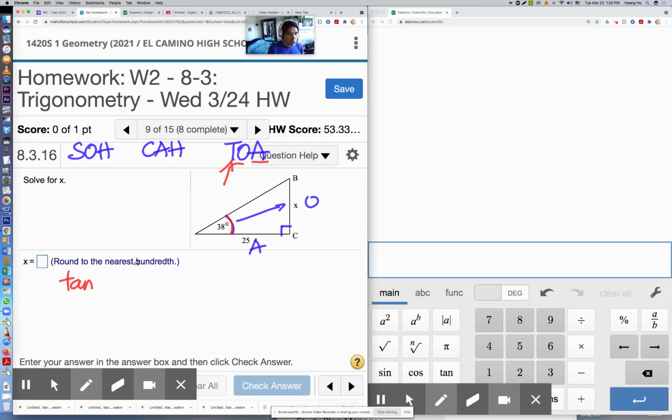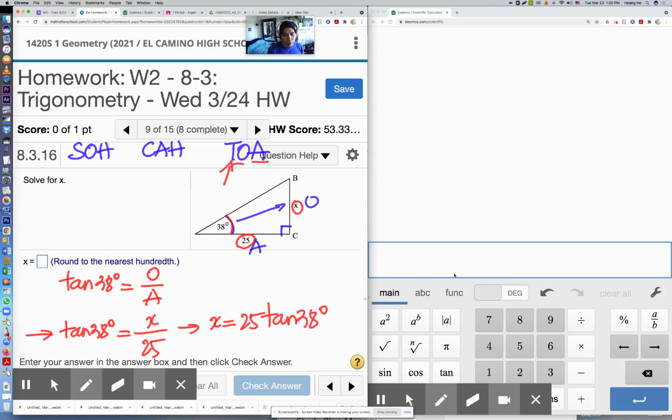So let's write here: tangent 38 degrees equals opposite over adjacent. Substitute in: tangent 38 degrees equals x, the opposite, over 25, the adjacent. You want to solve for x, so I cross 25 to the left side: 25 times tangent 38 degrees.